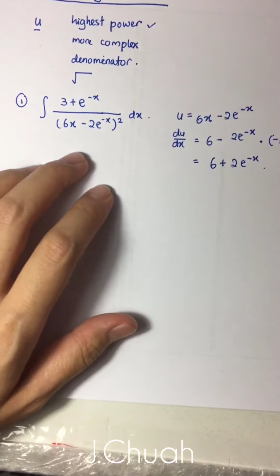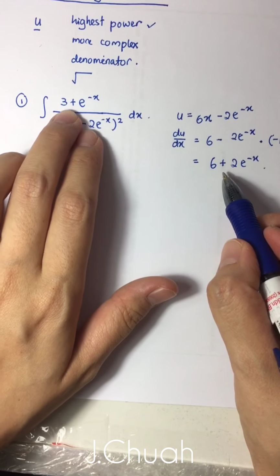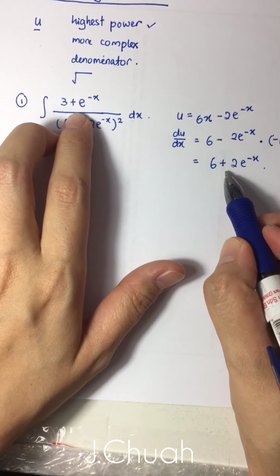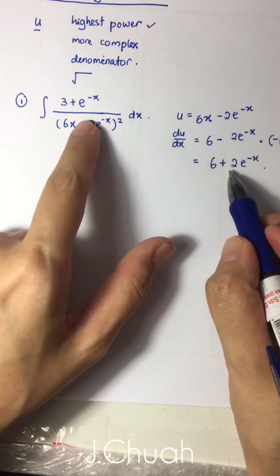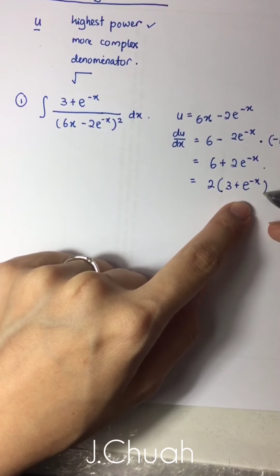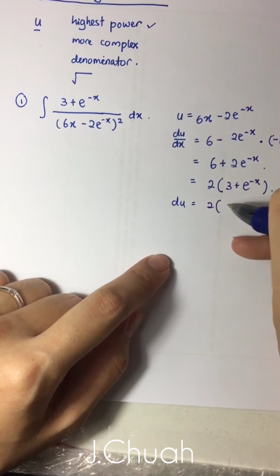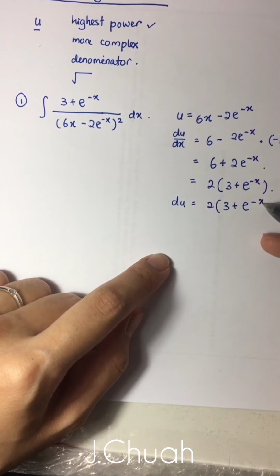To use this method, usually we will compare whether there are any similar terms in the equation. As you can see, this is the double of this. So we can simplify again to get 3 plus e to the negative x, and this will be du = (3 plus e to the negative x) dx.